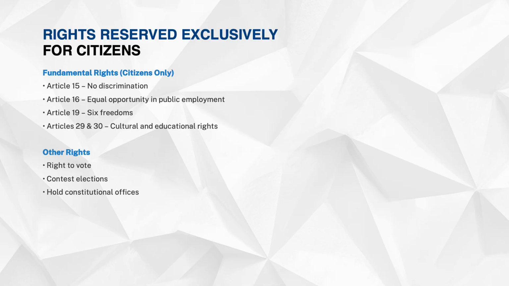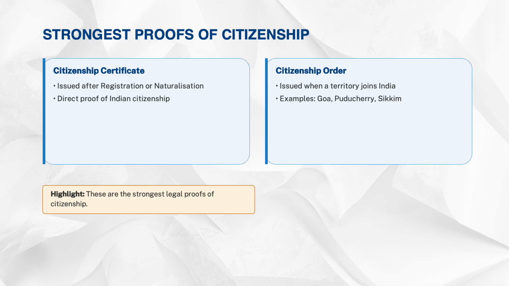Now, strongest proofs of citizenship. Now, this is very important. The strongest proofs of citizenship, meaning how can you prove that you are a citizen of India? There will be a citizenship order or citizenship certificate.